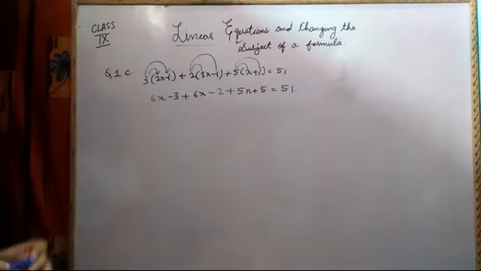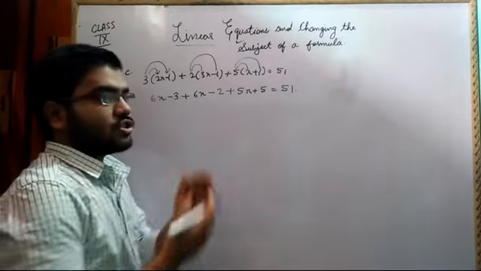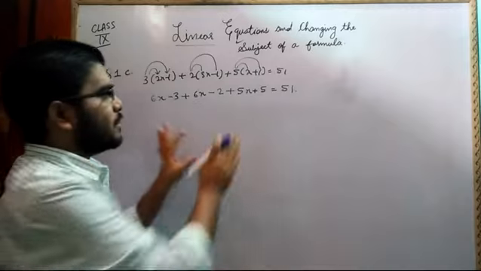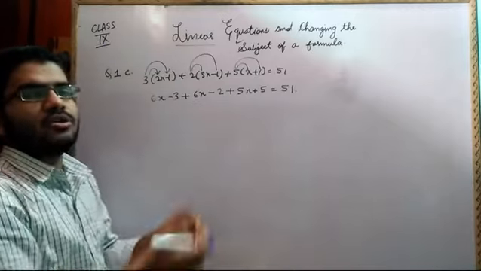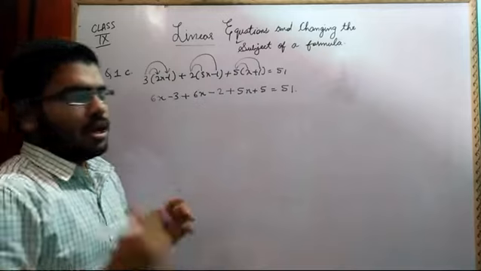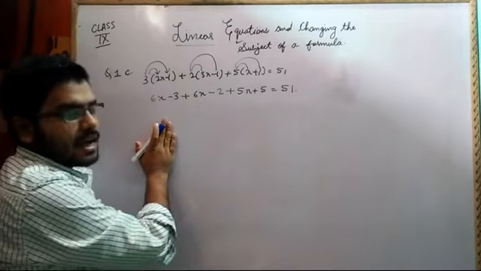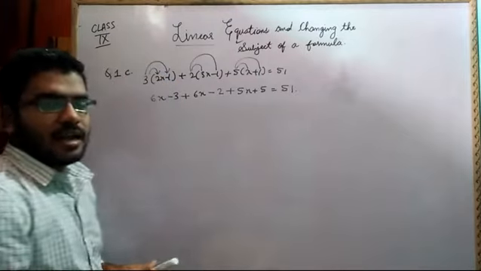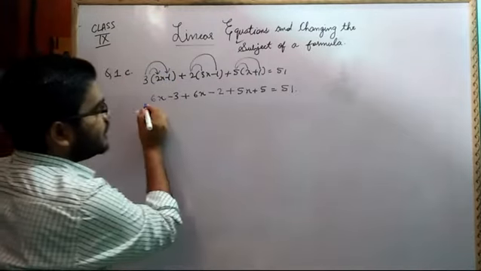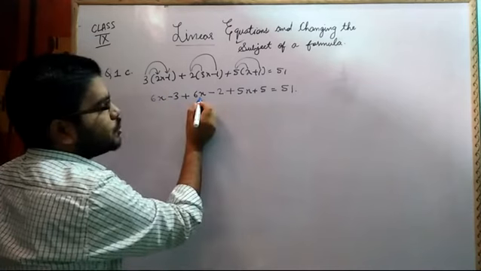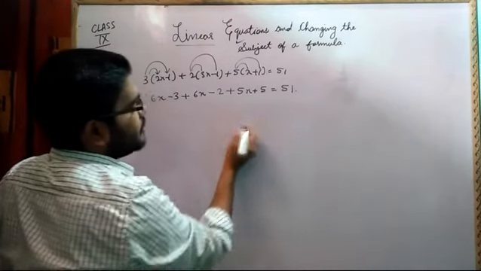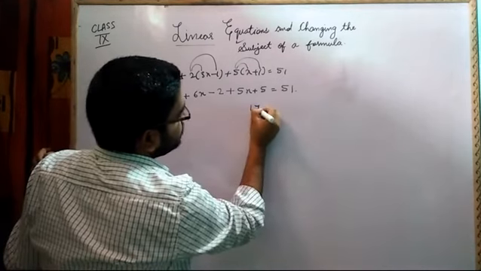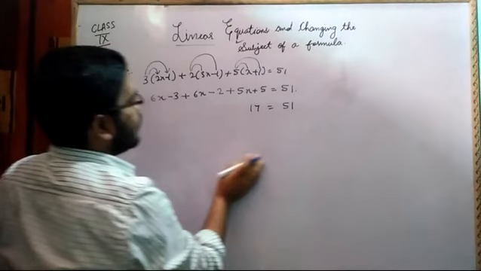Now in this type of sums, what I will suggest is that first you try to collect all the variables having coefficients, x values or y values or z values or any variable, towards the left hand side, and transfer all the constants towards the right hand side and then simplify. So here we have 6x plus 6x, 12, plus 5, 17x, and 17x is equal to 51.